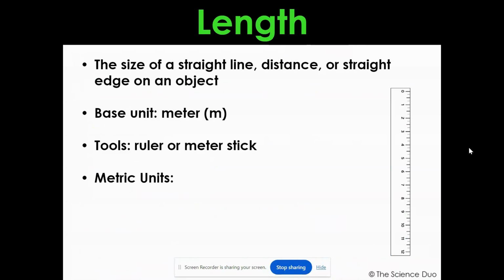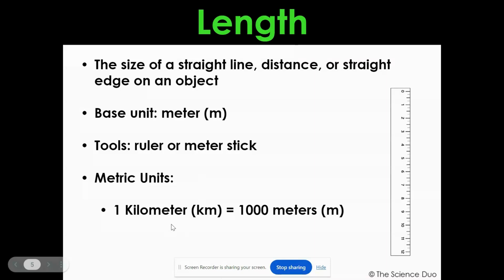We can use a ruler or a meter stick to measure length or distance. An example of a unit for length or distance is meters. Also, we can transfer between units based on how many meters we have by using kilometers. If we have a lot of meters, it might be easier to use kilometers. A kilometer represents 1,000 meters.